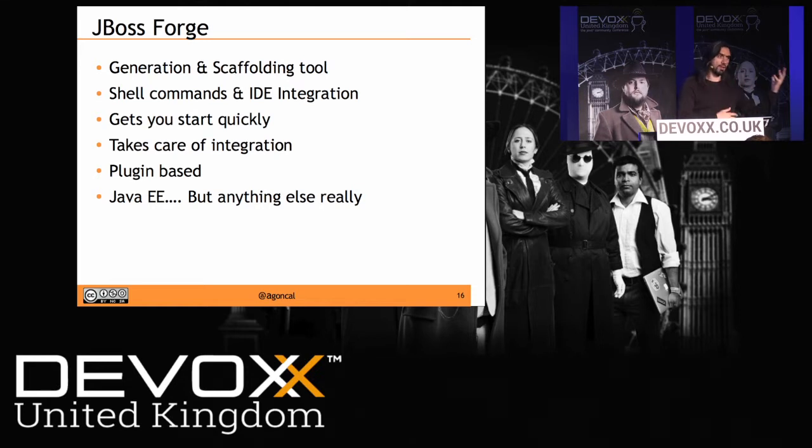So it's good because it generates code. It does Java code and XML and JSON and so on. So it takes care of integration. Integration in Java EE is difficult. If you use JPA and a servlet, which deployment descriptor do you use? What are the versions? What are the properties? And so on.